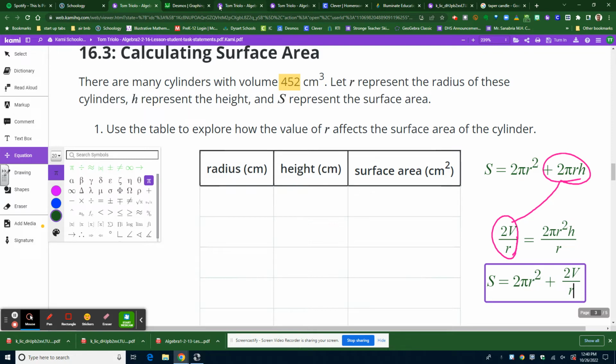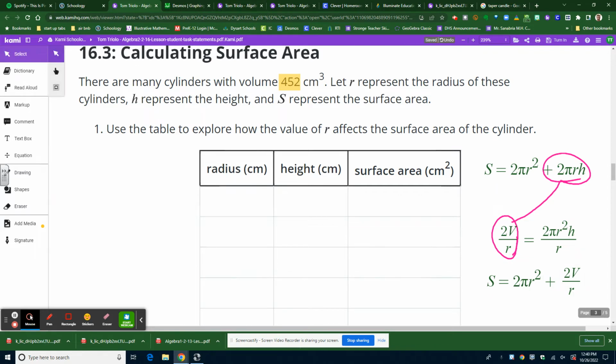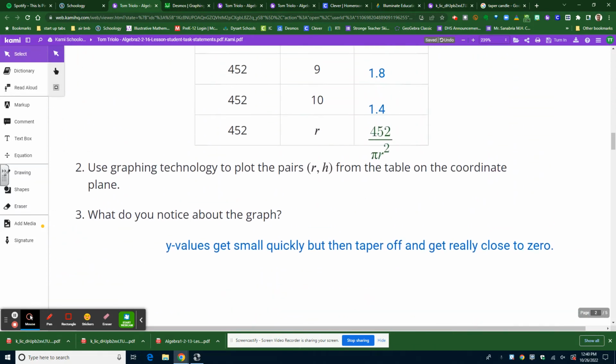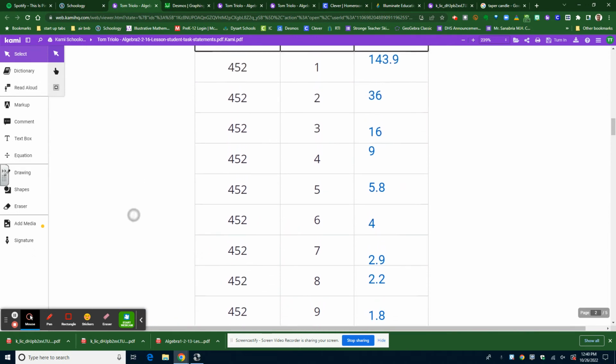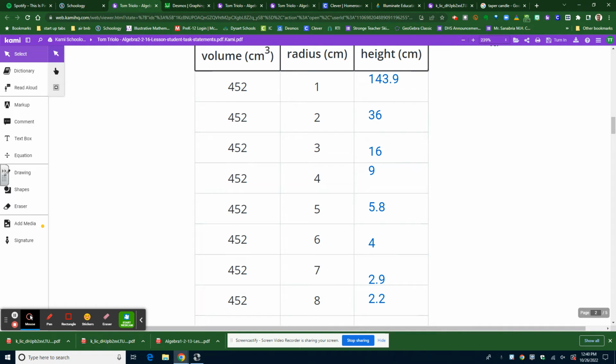So we're going to do the same thing we did before. We're going to use our radius and our height from up here. Oh, look, we found all those heights. So let's copy this. But see, that number is really big. Which one's probably going to be easier to start with? 2 or 3? So let's start with 3. We don't have to do all of them.